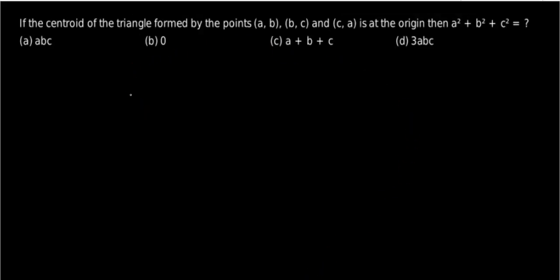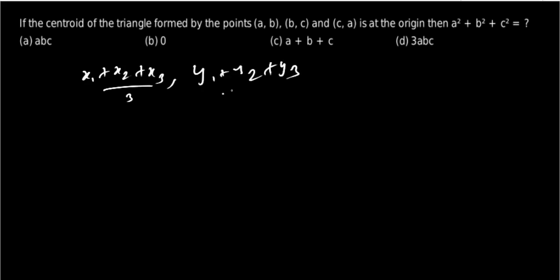Next question. If the centroid of a triangle formed by the points (a, b), (b, c), (c, a) is at the origin. The formula for the centroid of a triangle gives the coordinates as (x1 plus x2 plus x3) divided by 3, (y1 plus y2 plus y3) divided by 3.